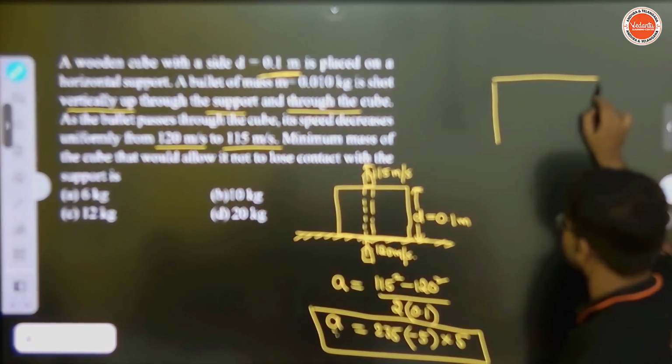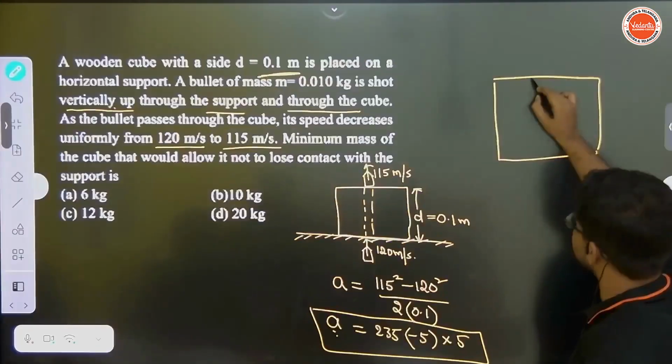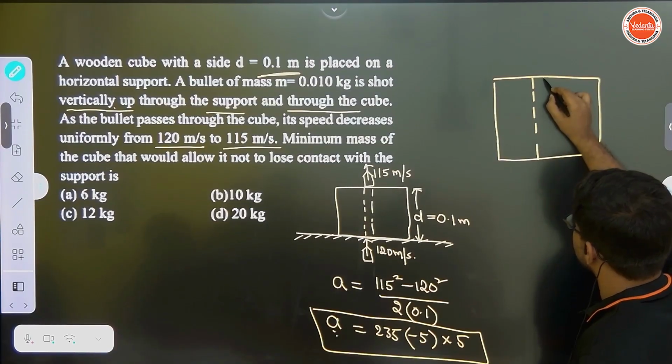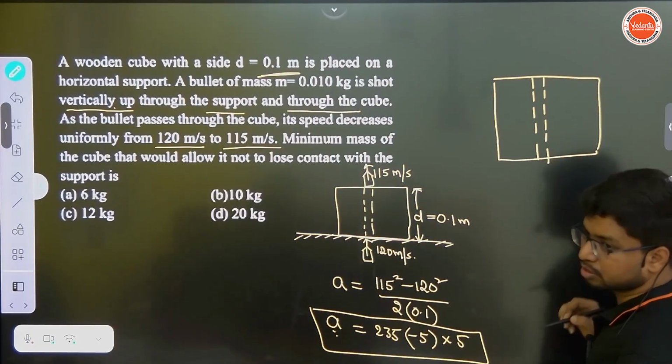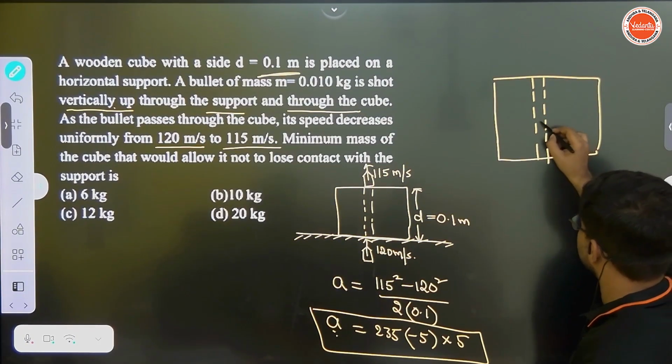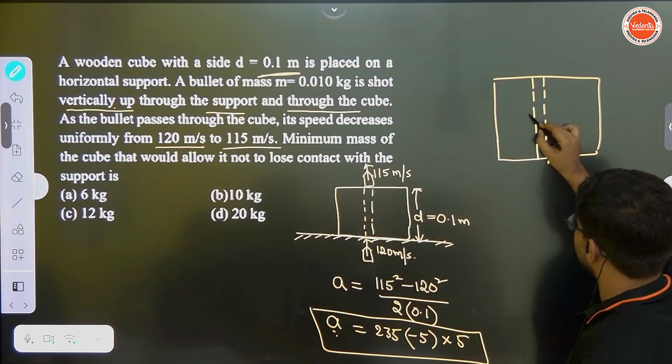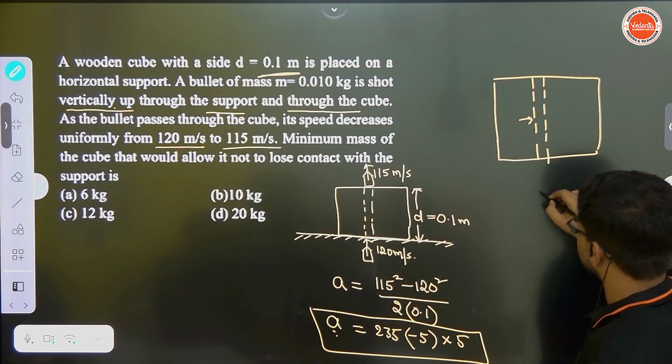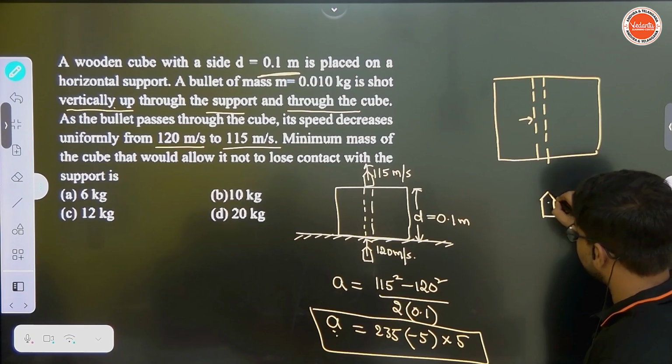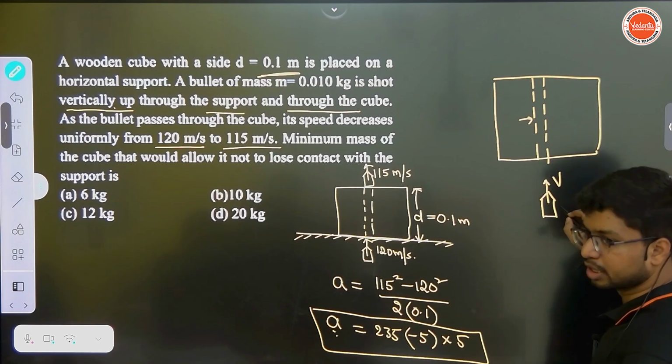But who is causing this deceleration for the bullet here? Let us draw the free body diagram. When the bullet is inside this block, assume that this is the path through which the bullet is moving, right? Now, at the instant when the bullet is at some location over here, let us draw the free body diagram for the bullet. The bullet's velocity is in the upward direction.